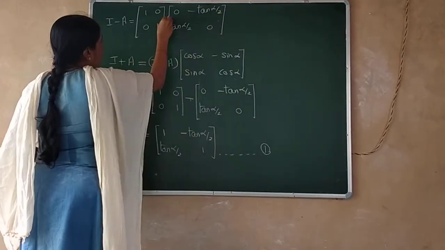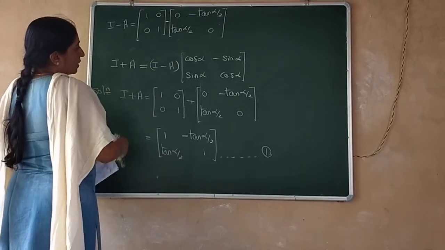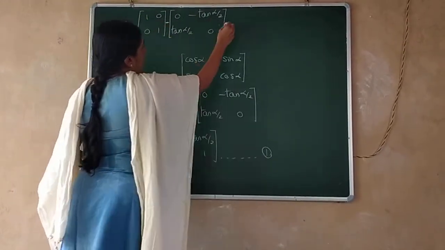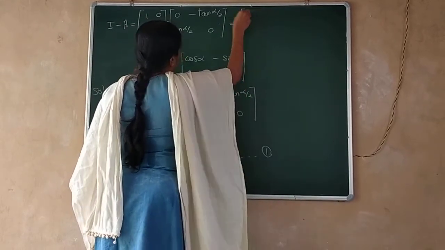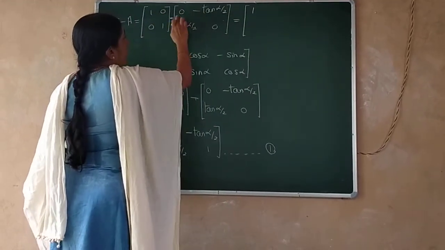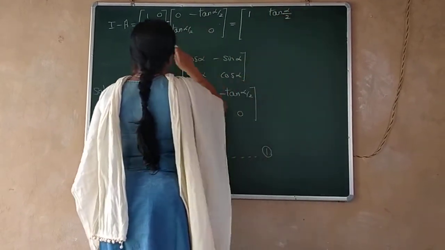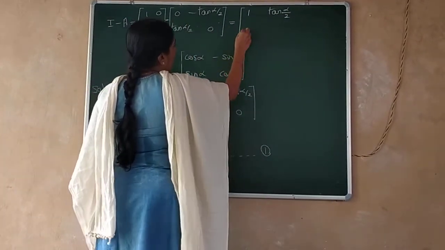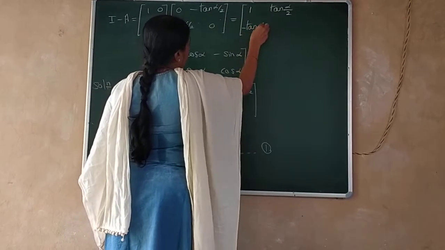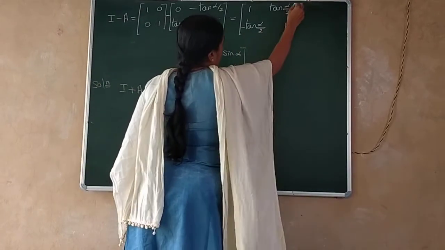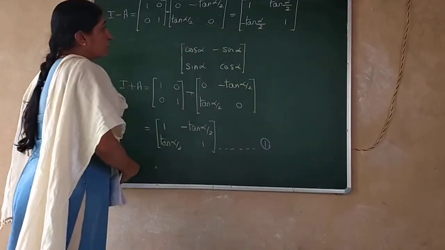First I am doing the subtraction. 1 minus 0 is 1. Then 0 minus minus is plus, this will be tan alpha by 2. Then 0 minus tan alpha by 2, so this is minus tan alpha by 2. Then 1 minus 0 will be 1. And this completes only half part.